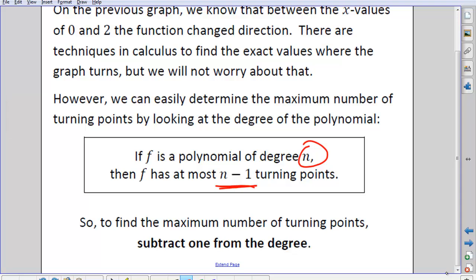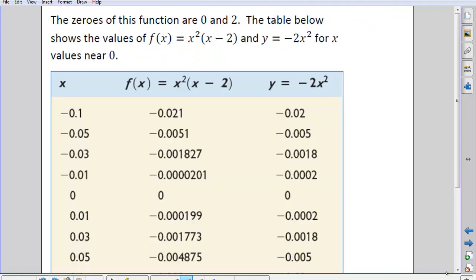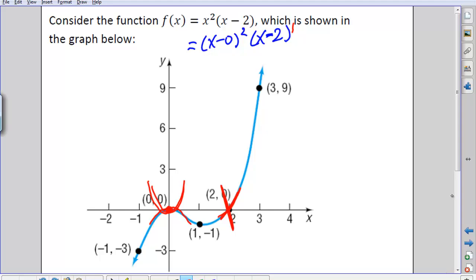So on that previous function we were working with, go back here, this guy right here, that's x squared times x minus 2. That's a third degree. And what turning points did we have?